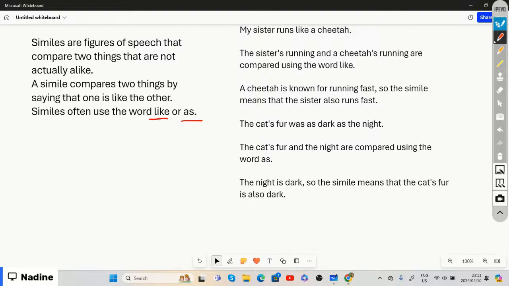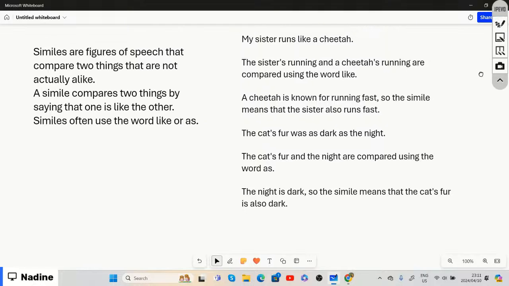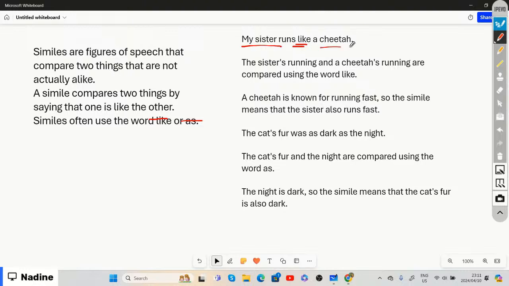So now, if we look at another example, we can say that my sister runs like a cheetah. If we look at the figure, it says like a cheetah.